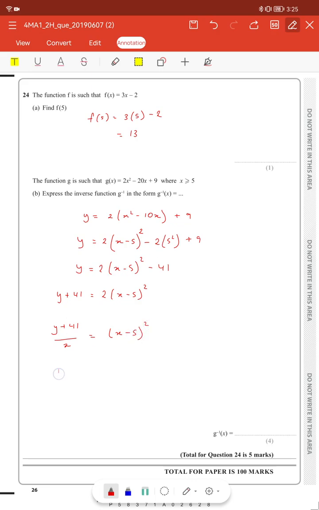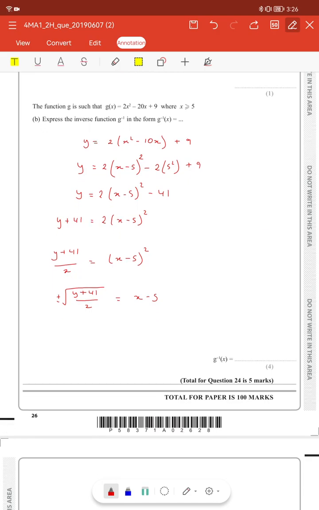Now if we square root it, we get plus or minus the square root of y plus 41 over 2 is equal to x minus 5. And I can add 5, so I get x would equal 5 plus or minus the square root of y plus 41 all over 2.